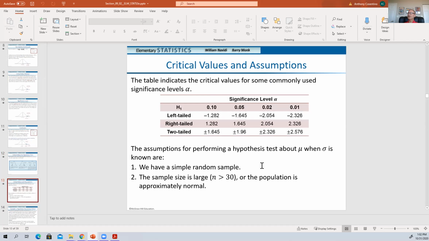So here's this idea, two tail and one tail test with regards to that. Here are Z-scores for the left, here are Z-scores for the right, and then here are Z-scores for the two tail test. So quite nice. This is in slide 13. That will be the appropriate Z-scores when you run this test.